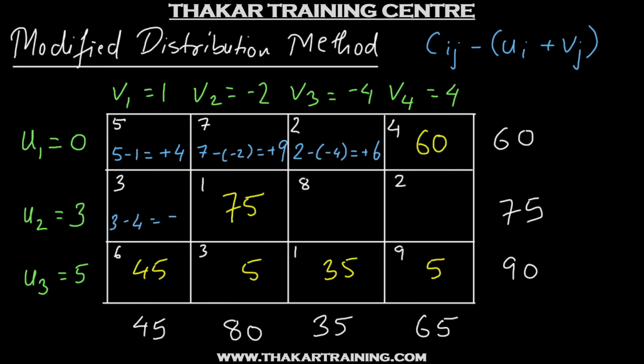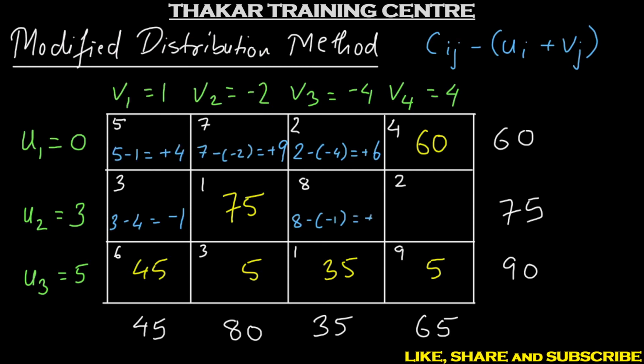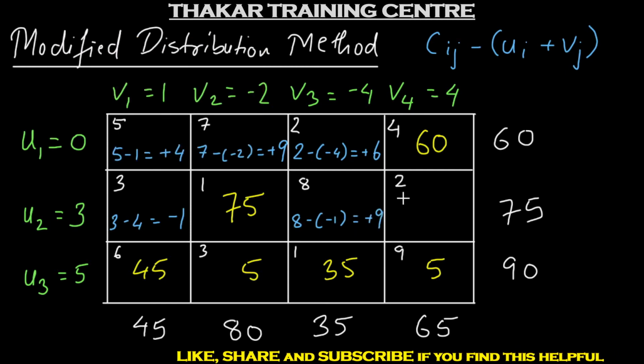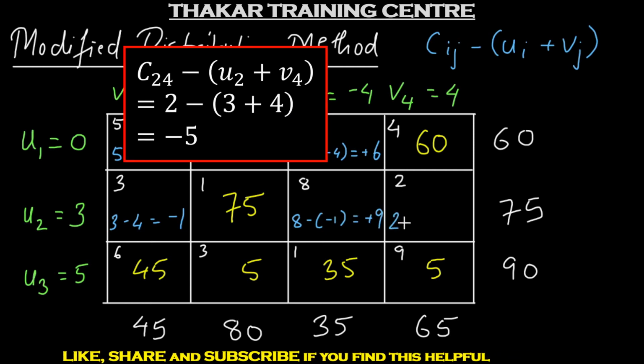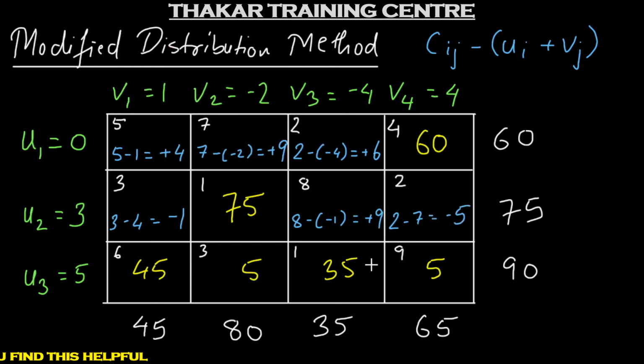So this gives us minus 1. Next empty cell is this. The cost is 8 minus 3 minus 4 is minus 1. So we have minus 1. So this gives us a value of plus 9. And finally for this empty cell, we will have the cost is 2 minus 3 plus 4 is 7 which is equal to minus 5.